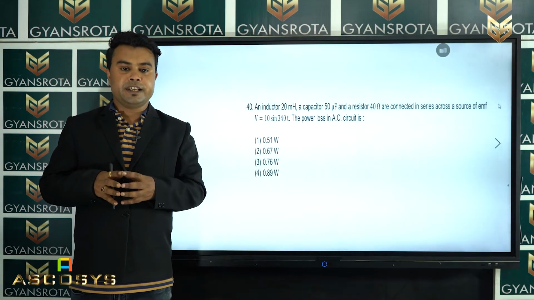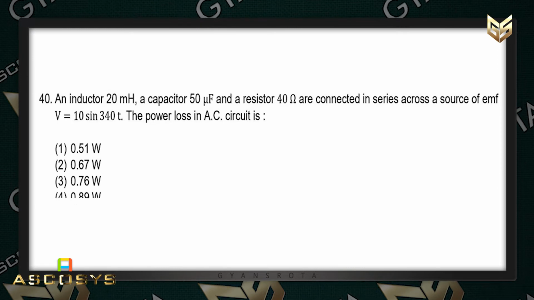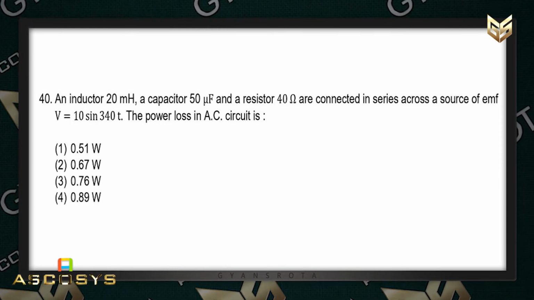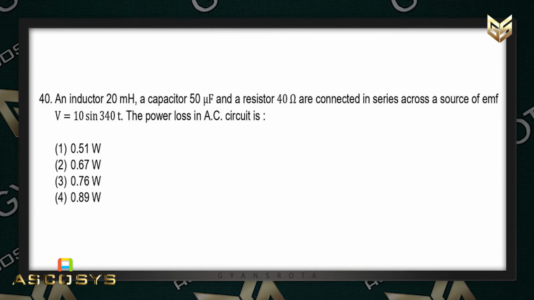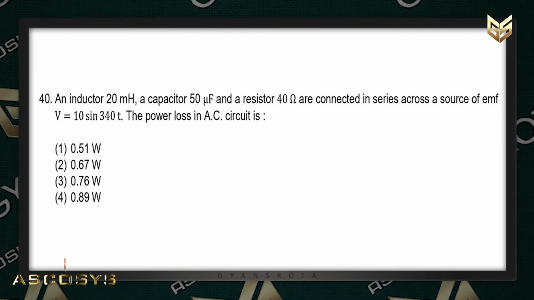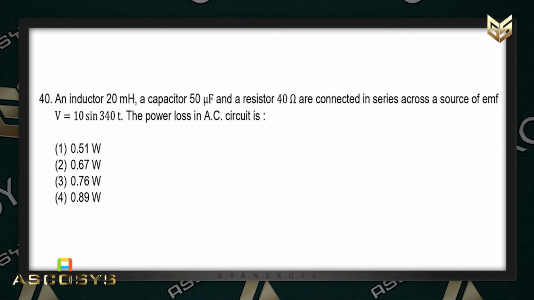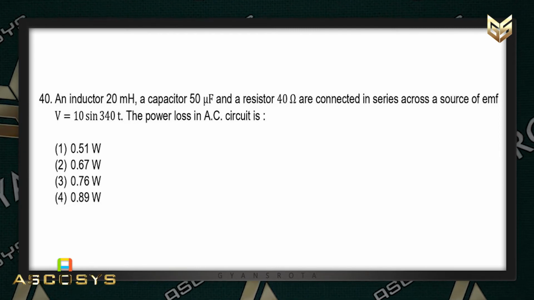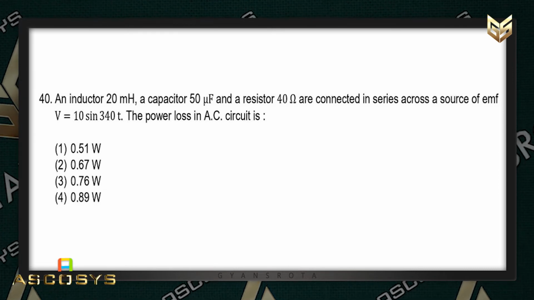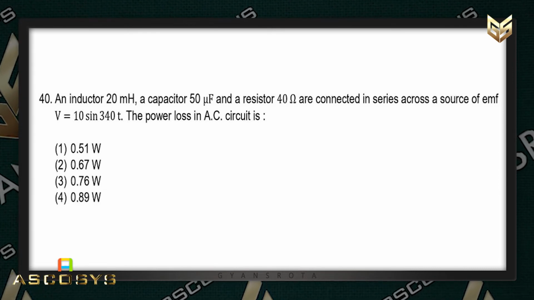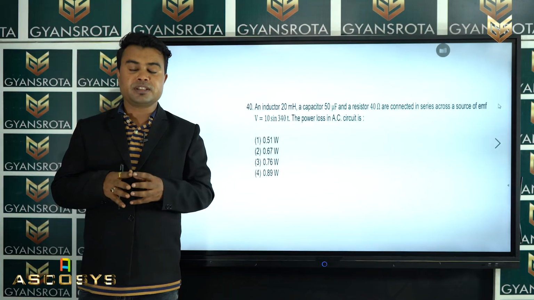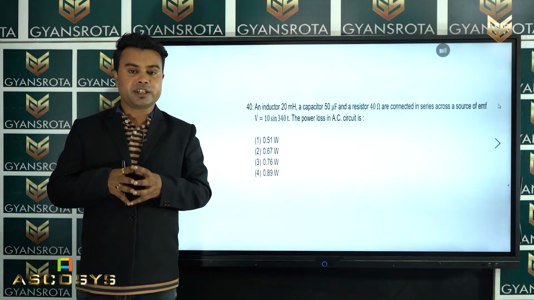Question number 40: an inductor of 20 millihenry, a capacitor of 50 microfarad and a resistor of 40 ohm are connected in series across a source of EMF V equals to 10 sin 340t. The power loss in the AC circuit is... This is a question from the chapter Alternating Current.